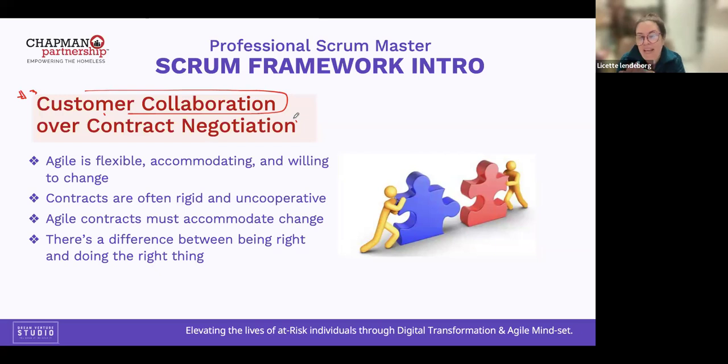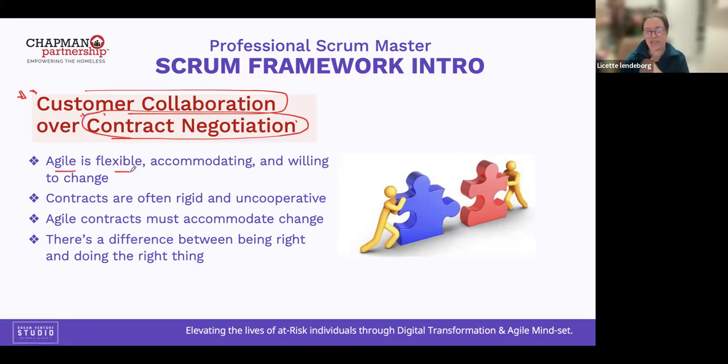So at the end of the day, if you are happy with the free trial, Zoom for example, what's going to happen in the future? If you know that it's working well, and you are not paying, however you need to do an upgrade, you are going to buy the solution. So this is just a business strategy. So customer collaboration is more important than contract negotiation or selling a product.